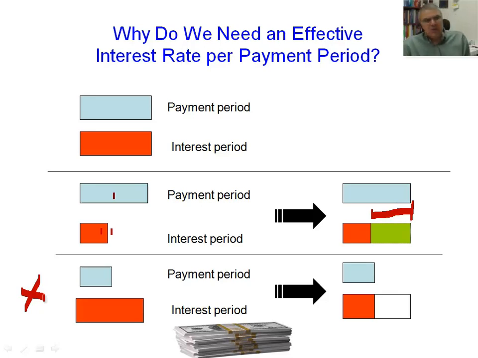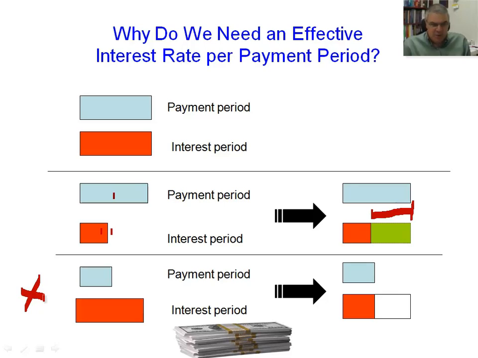Any way that we currently have and propose for the future must be able to answer that particular question. What if the length of the payment period and interest period are not the same?